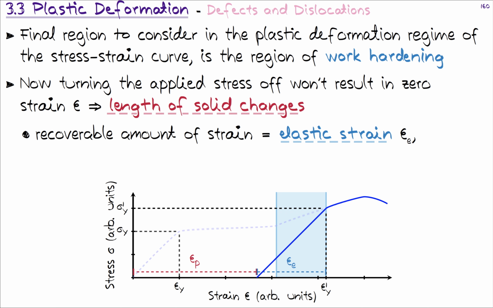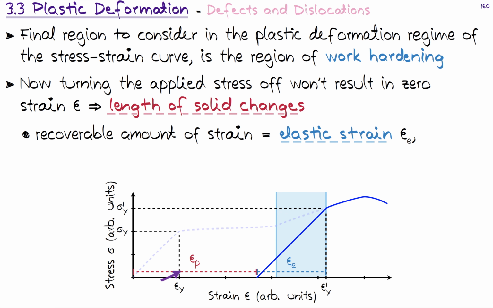And the terminology goes that the recoverable amount of strain we call epsilon E, and that's the elastic strain. And that's shown in the figure as the amount of strain that is still recoverable. So this is the new elastic region in the material in practice.